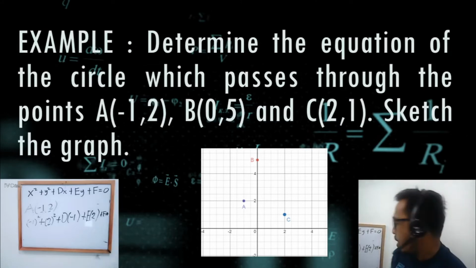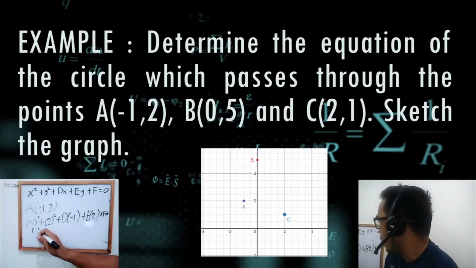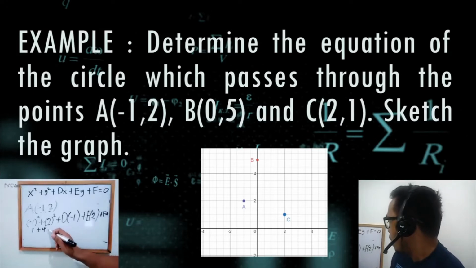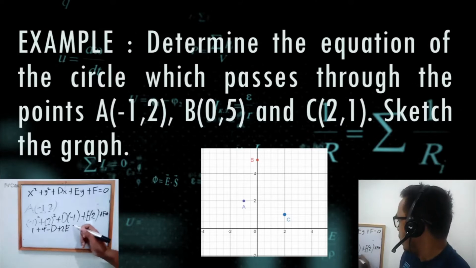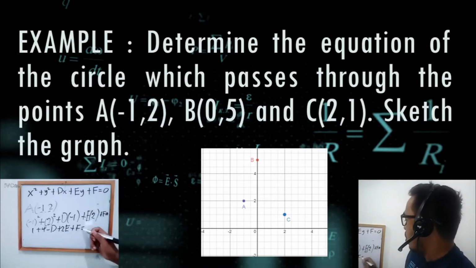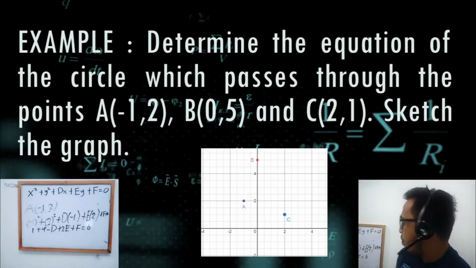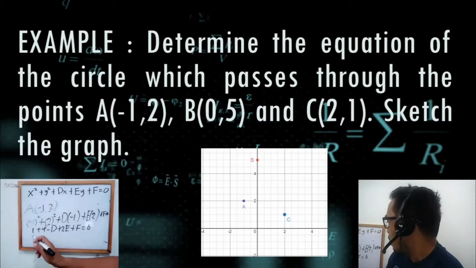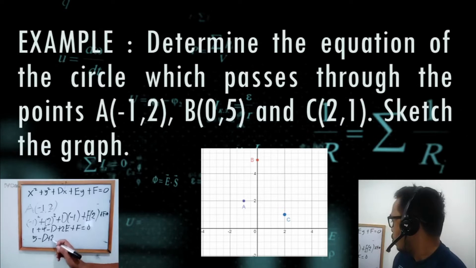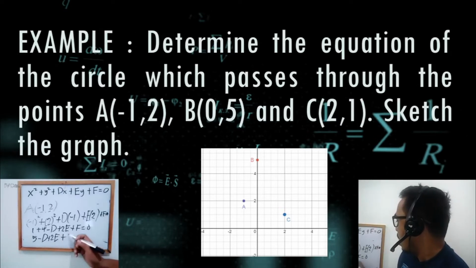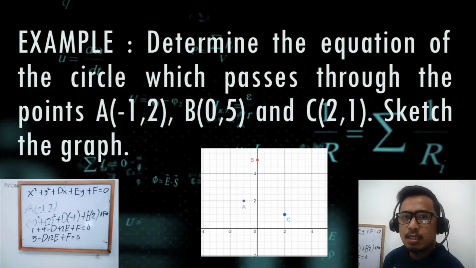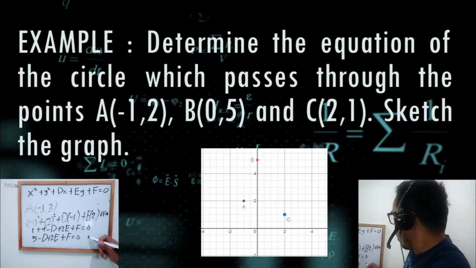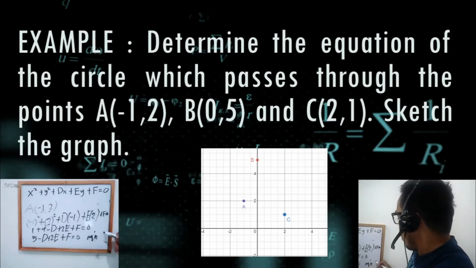Then we will simplify it. It will be 1 plus 4 minus D plus 2E plus F equal to 0. Simplify it further, then you will have 5 minus D plus 2E plus F equal to 0. Then let us name it as equation number 1.